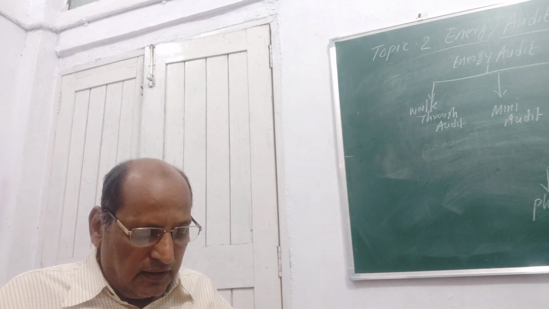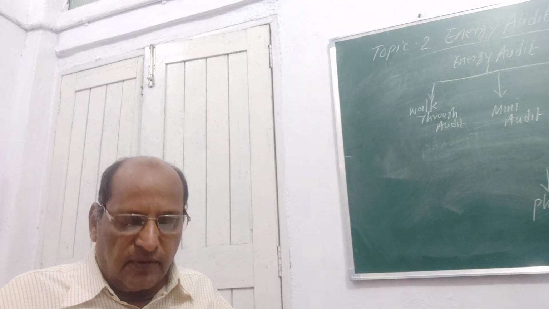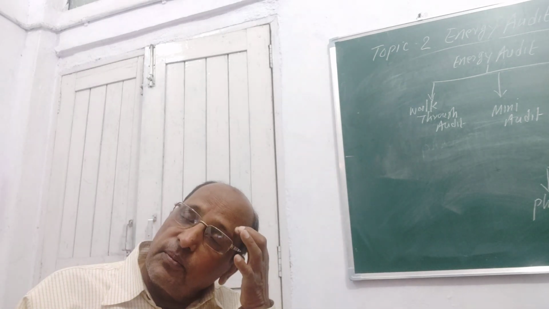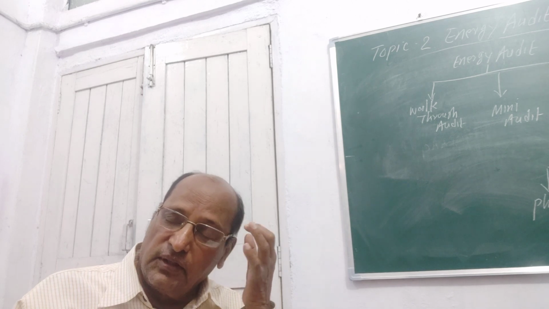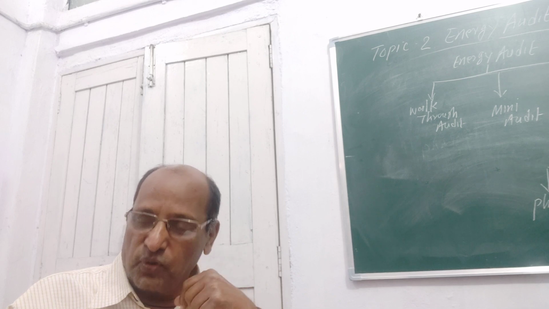Then prepare the audit report and present it to top management in proper formats. Now for preparing the total audit report, whatever you have done in the pre-audit phase and audit phase, now this is the post-audit phase.